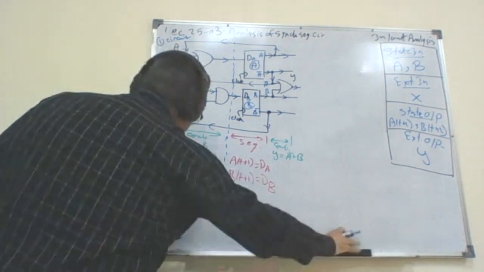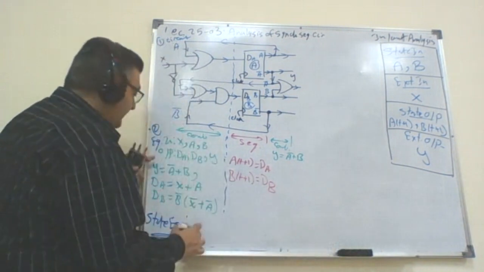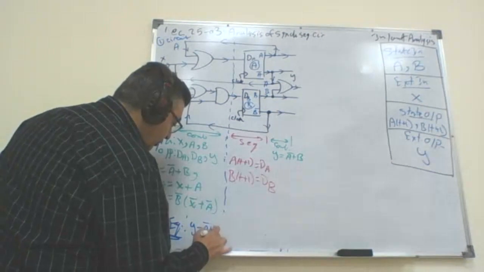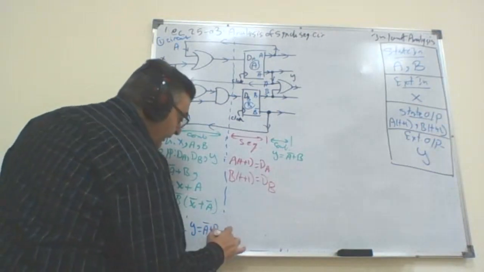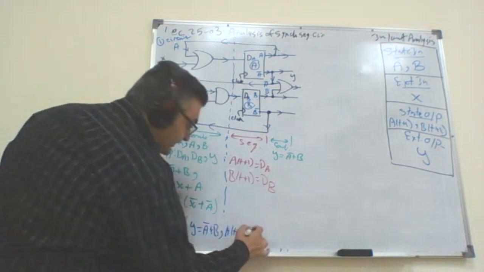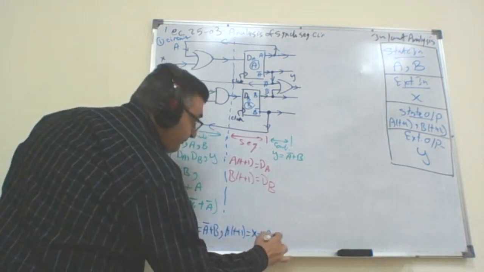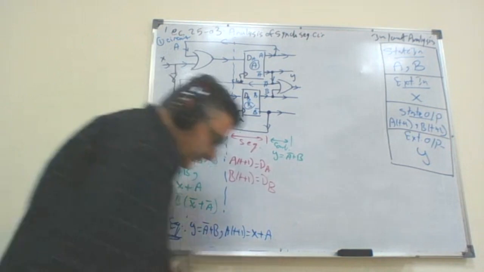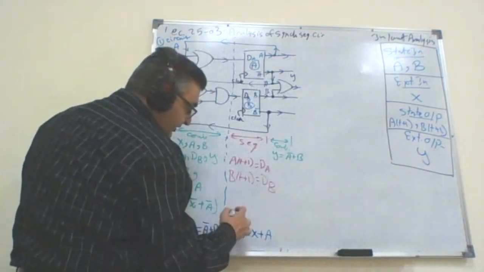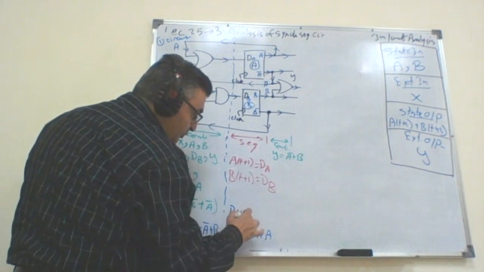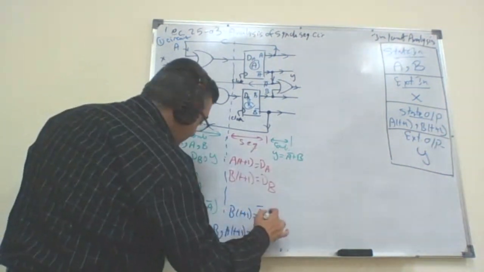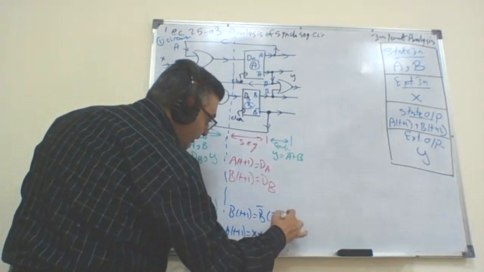I have three equations. Equation for Y as it is: Y equals A bar or B. A of t plus 1 equals DA, which is X or A. The last state equation is for B of t plus 1 equals DB, and DB is actually B bar, X bar, or A bar.